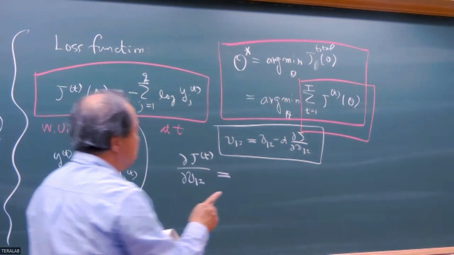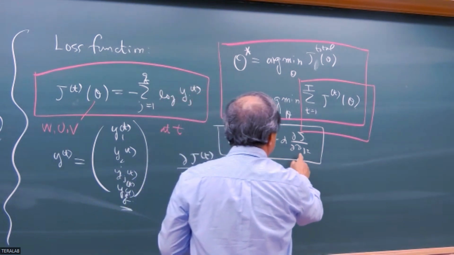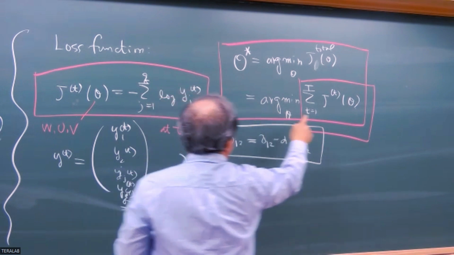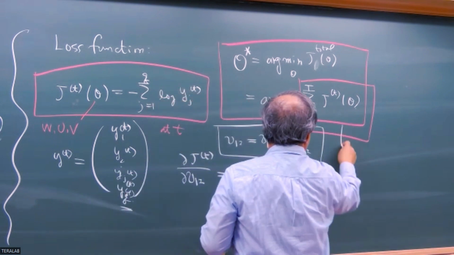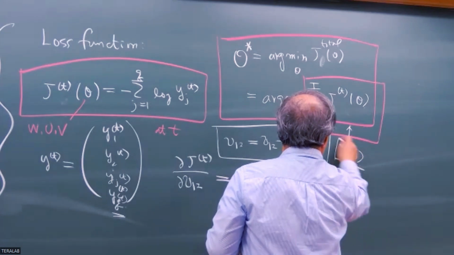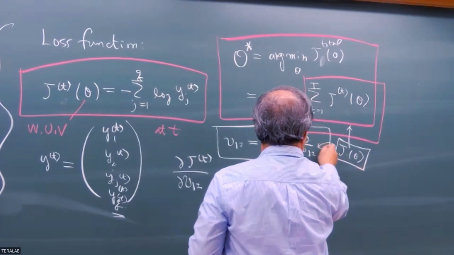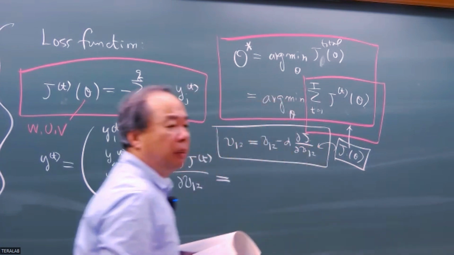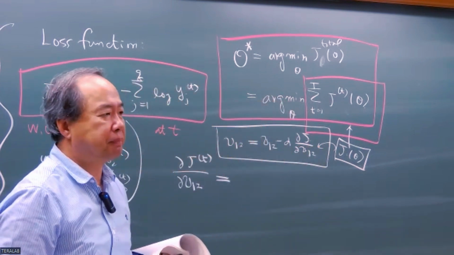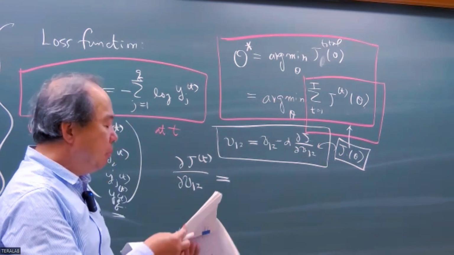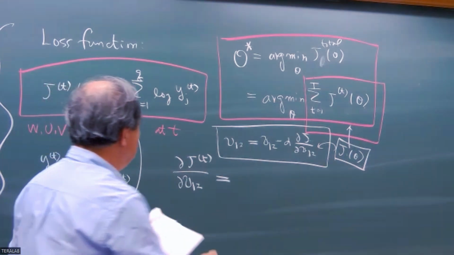And in order to do that, we have to be able to obtain the derivative of this whole loss function, this J theta, with respect to V12. Very tedious job, but let me do that right now.